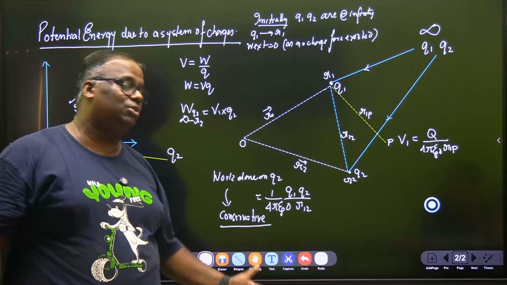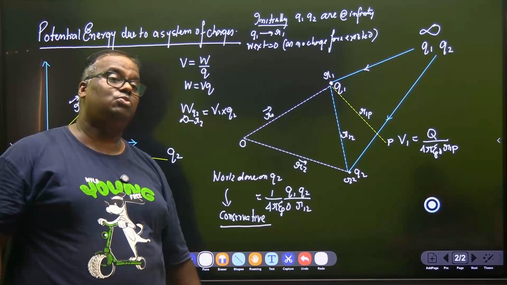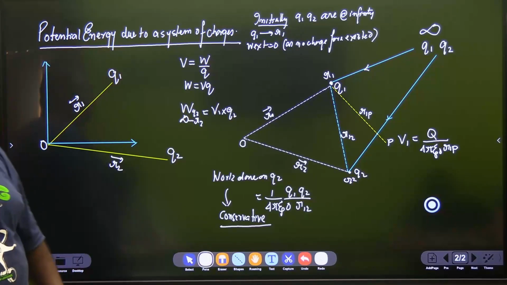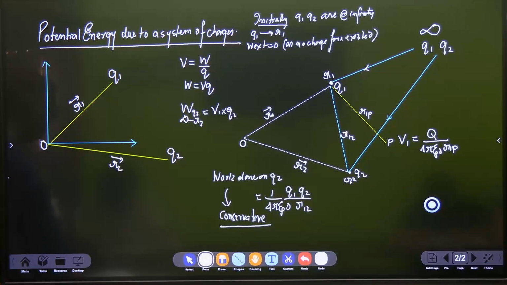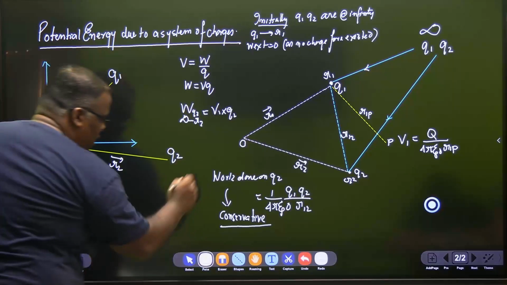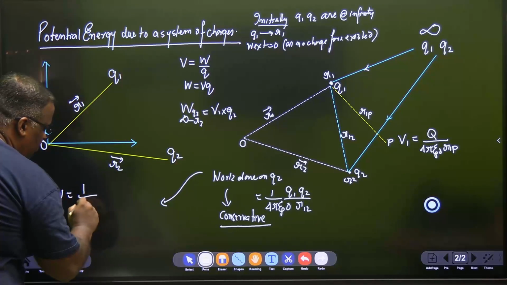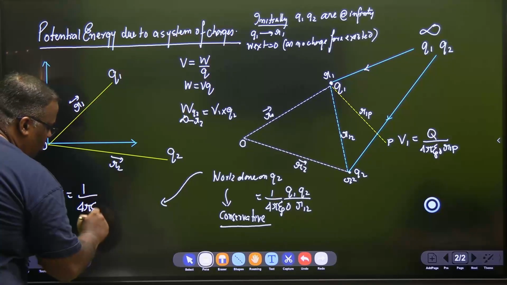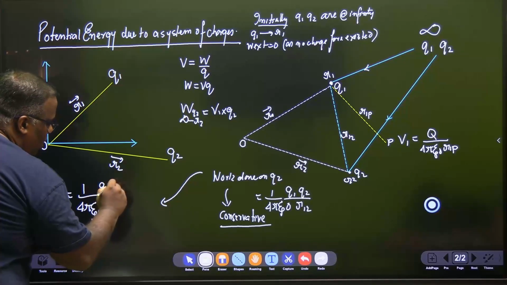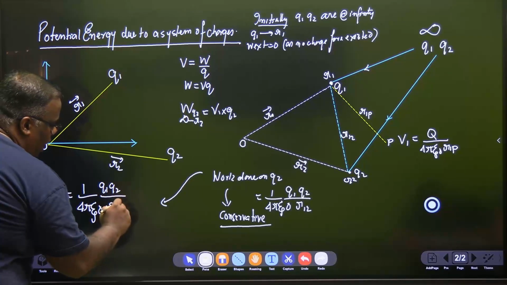It only depends upon the initial and final position. Such work is completely conserved. That means whatever external work you did got stored as the potential energy of the system, which is given by 1 by 4 pi epsilon 0 Q1 Q2 divided by R12.